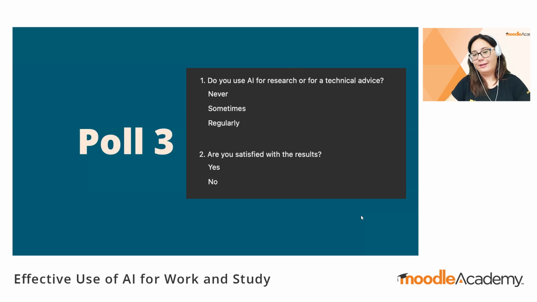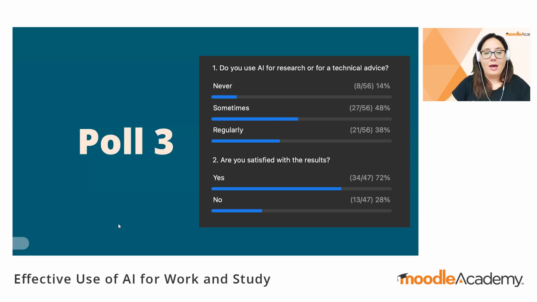And honestly, are you satisfied with the results? Okay, I'm ending the poll and sharing the results. So you can see that most of you use AI for research or technical advice, and you are quite satisfied. The majority of you are satisfied with the results.